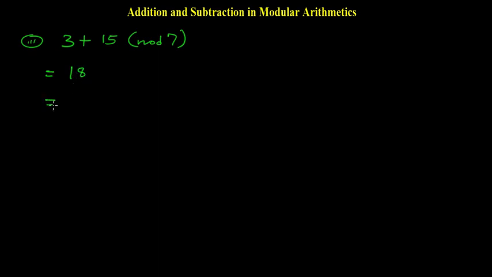So in modulo 7, 18 is going to be 7 times 2, which is 14, plus 4. That gives us 18. Therefore, it's going to be 4 modulo 7.